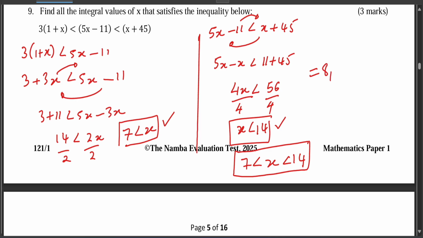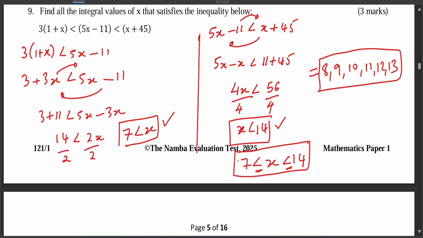So just write 8, 9, 10, 11, 12, and 13. Do not include 7 unless there was an equal sign here, and you would include 14 if it was there. But since it doesn't have that equal sign, you don't include the 7 or the 14.